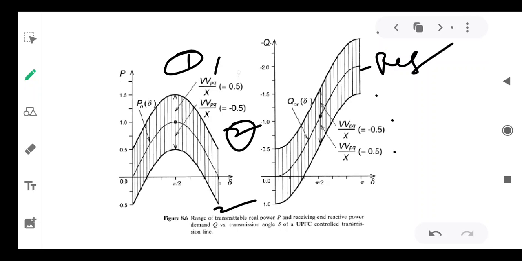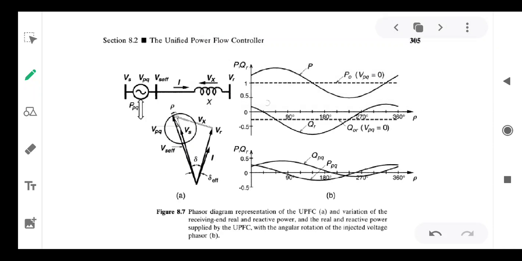In the previous classes we have discussed the equations related to this P and Q in terms of VPQ. Therefore, refer to those equations. So coming to the converter, VPQ is the injected voltage here. Vx is the voltage drop in the line reactance.